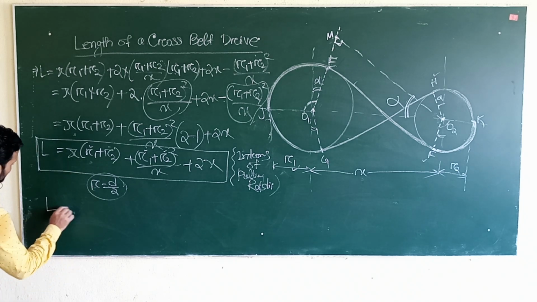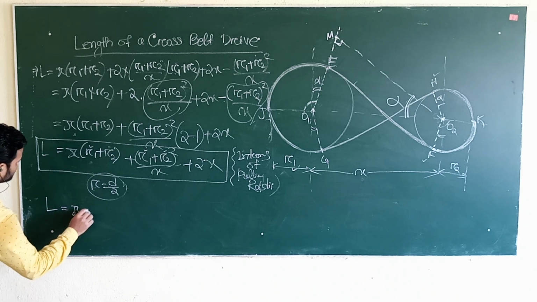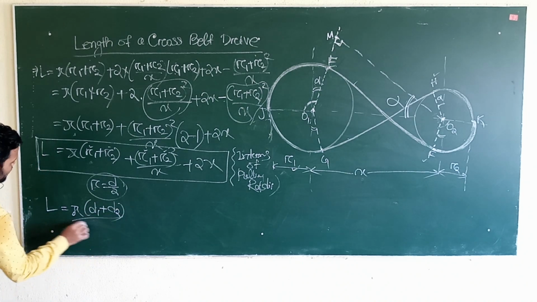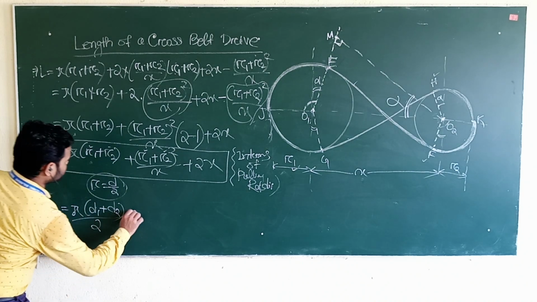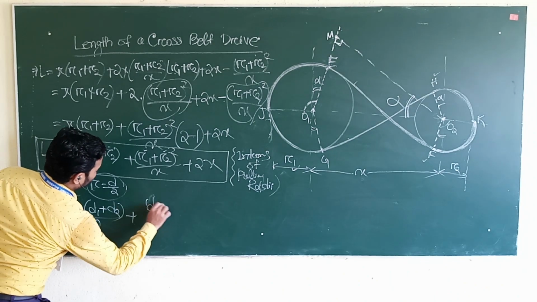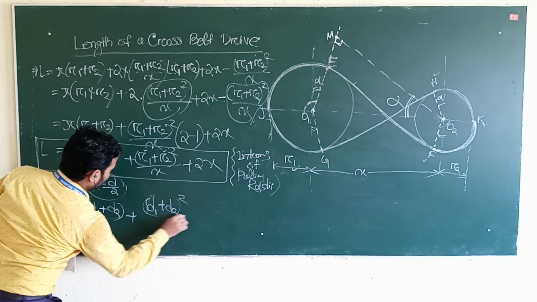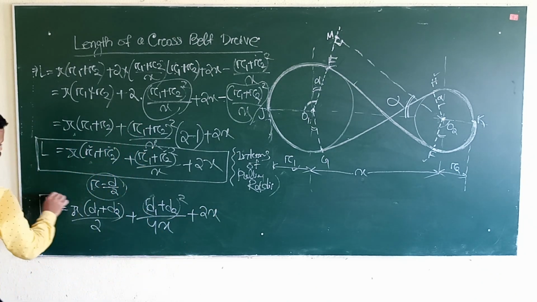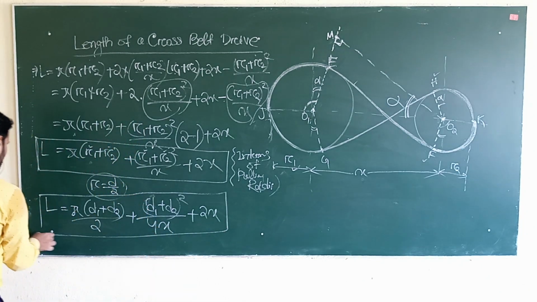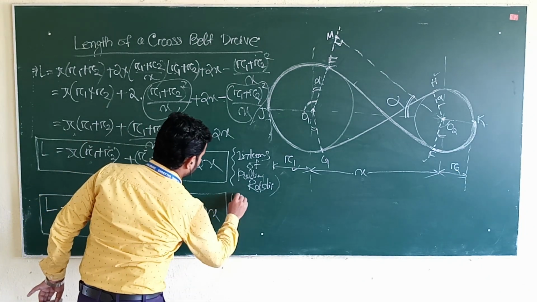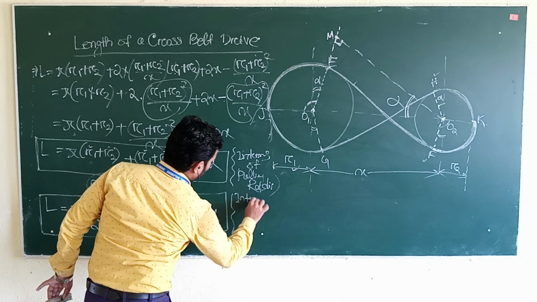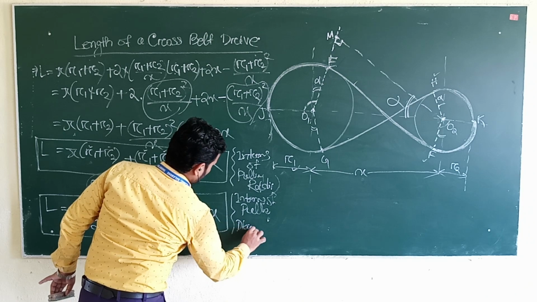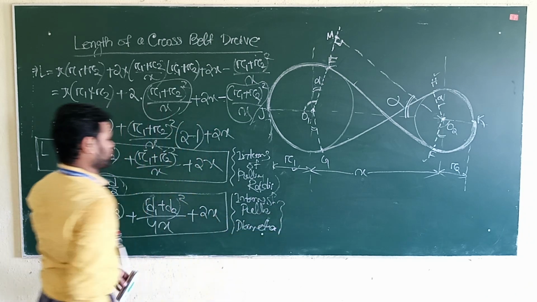L equals pi into d1 plus d2 divided by 2 plus d1 plus d2 square by 4x plus 2x. This is the required equation in terms of pulley diameter.